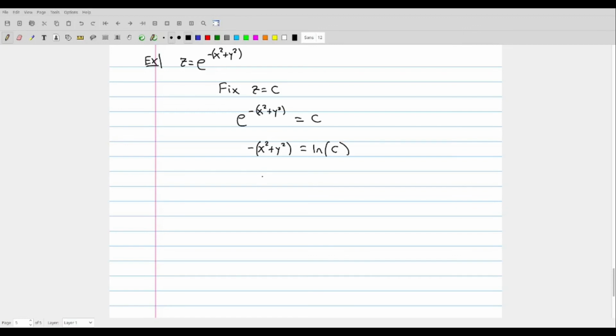And then this gives us that x squared plus y squared, if we multiply both sides by negative 1, is equal to negative the natural log of c. Remember that x squared plus y squared is the same thing as r squared. So the level curves of this function are circles of radius square root of negative natural log of c.